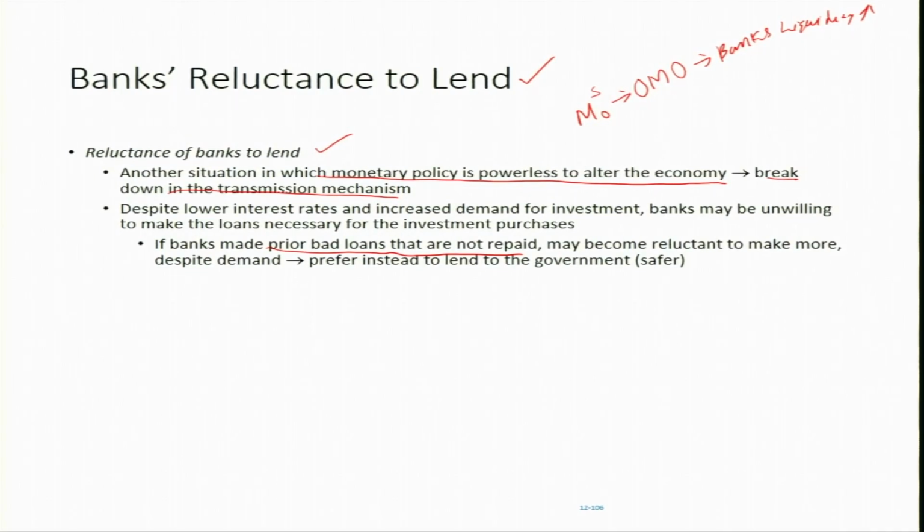If the risk level is very high in the economy, if they anticipate high default risk, banks prefer not to lend the additional money. Then, if the liquidity increases, they will be investing this money in government securities, etc. They won't be lending in the economy.